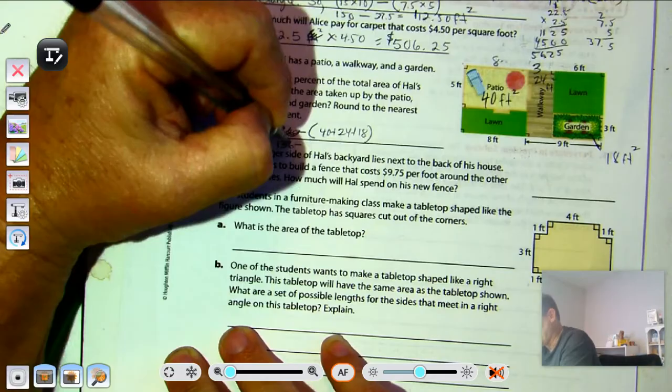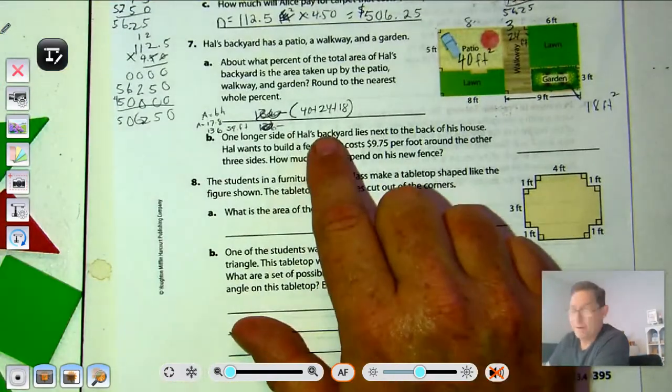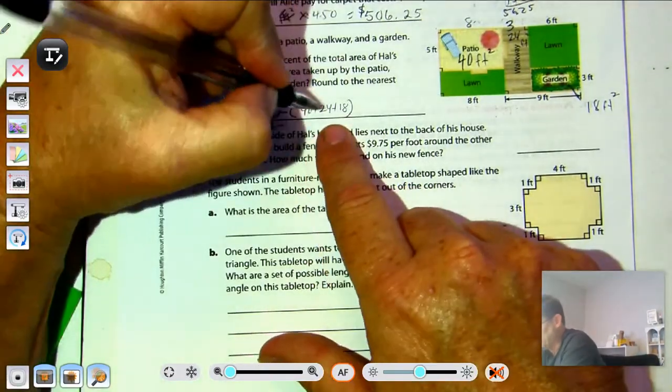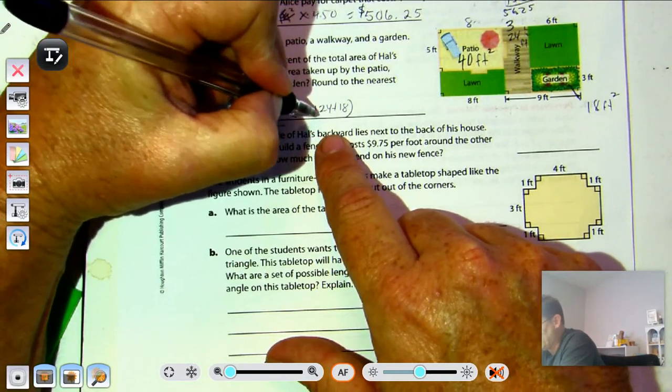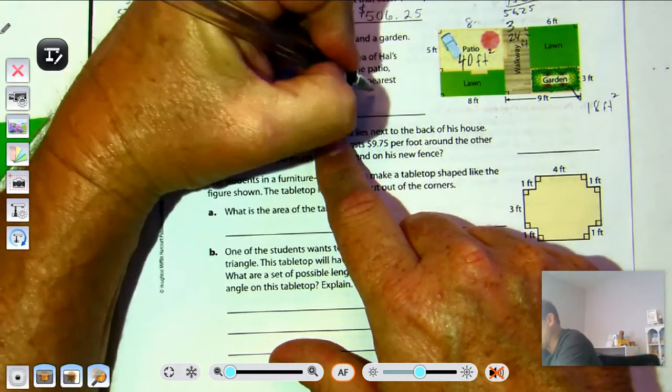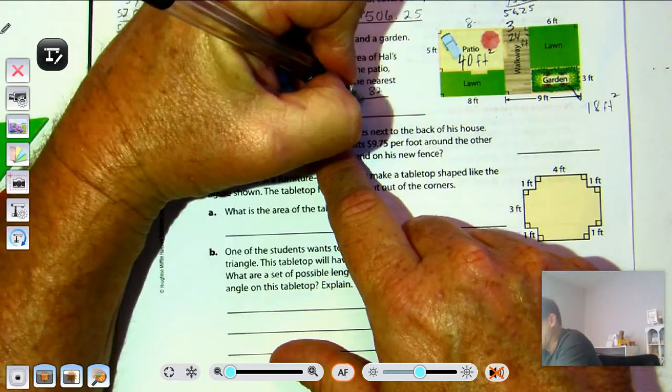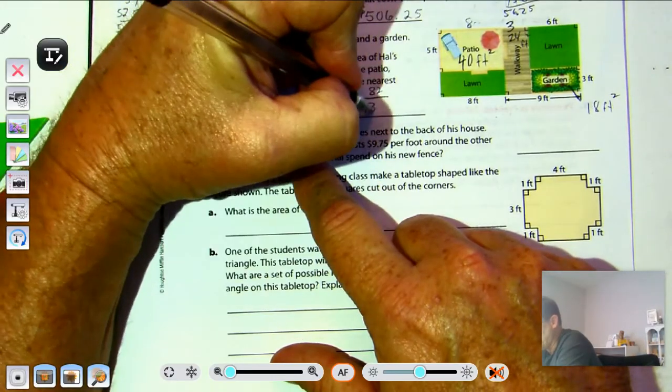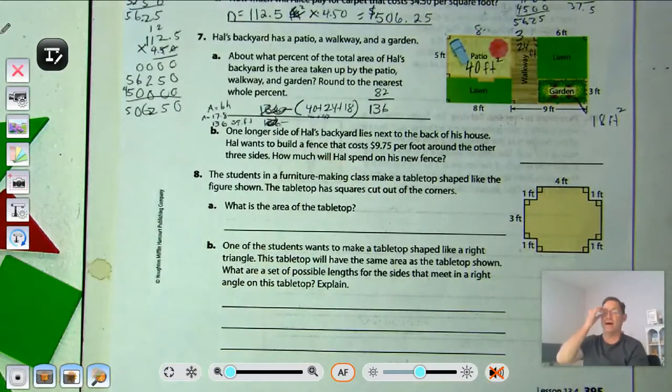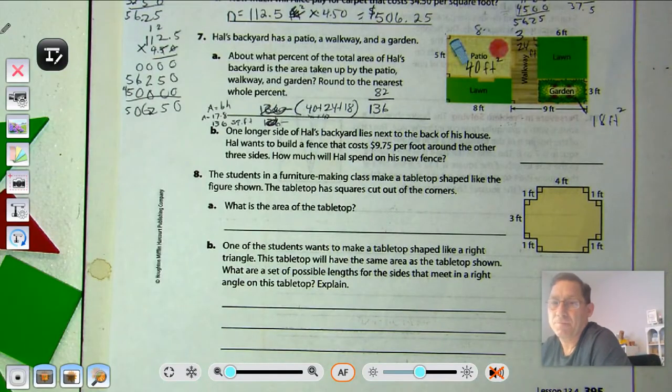Actually, we don't need to subtract from 136. We just need to find the total area of those three pieces. So 24 plus 18 is 42, plus 40 is 82. So 82 square feet out of a total of 136 square feet is taken up by the patio, the walkway, and the garden.